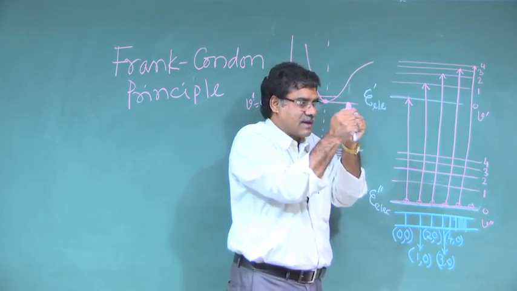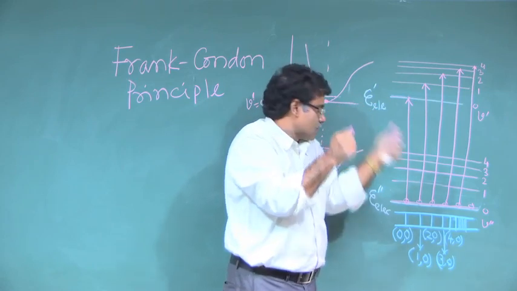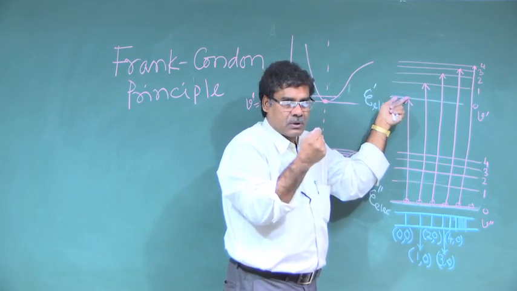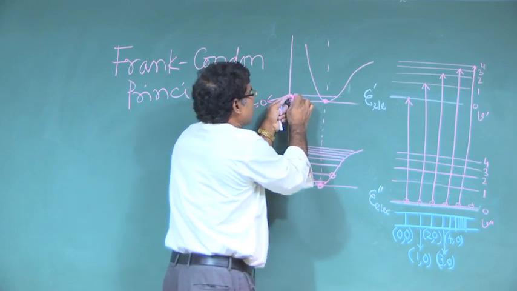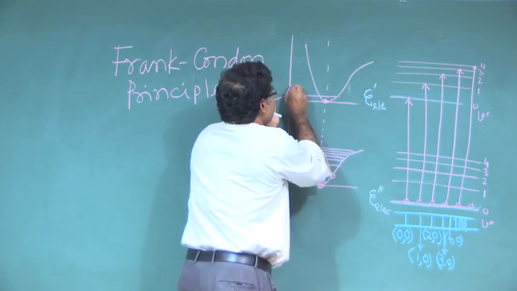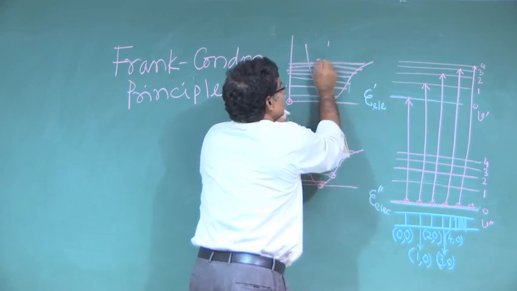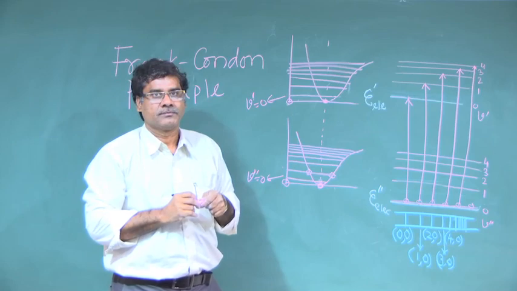It is vibrating all the time, so during the transition the vibrational state can be this one, because it is changing all the time, it can be any one of them.